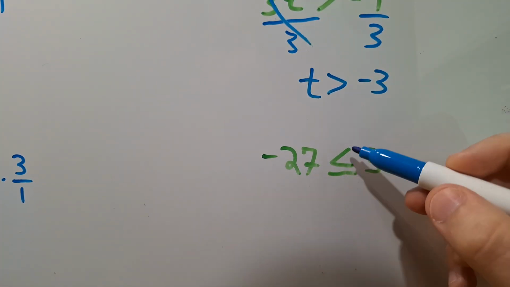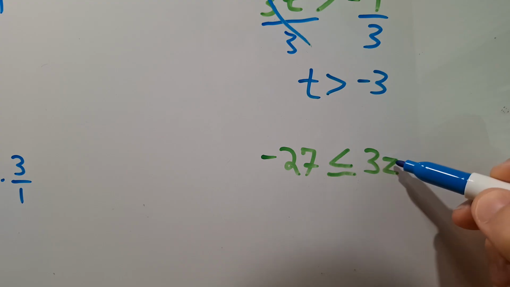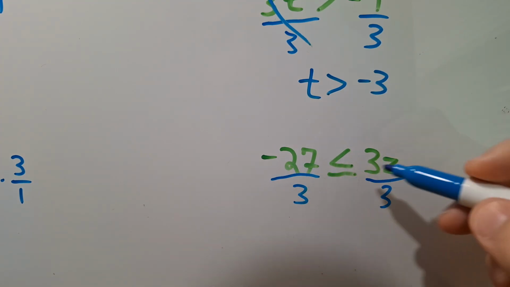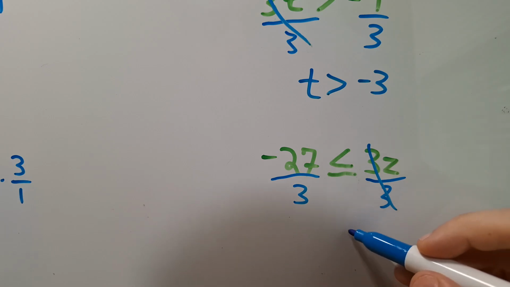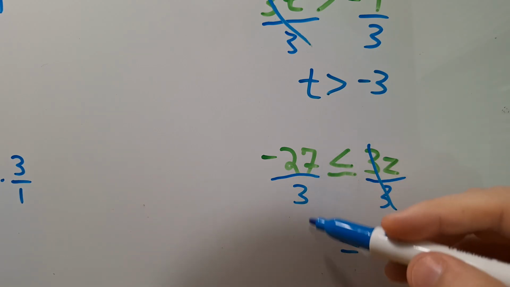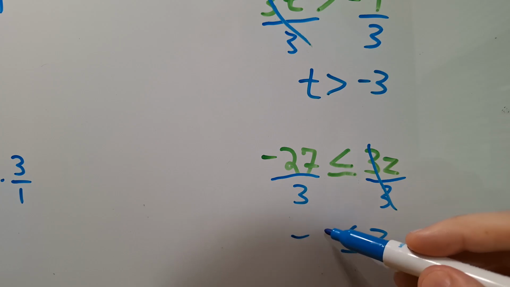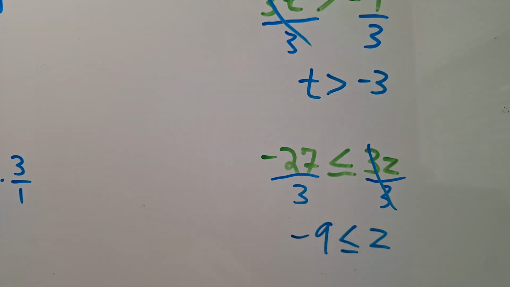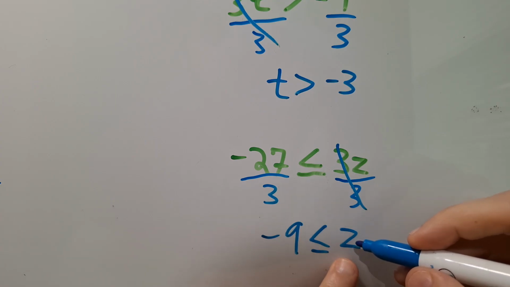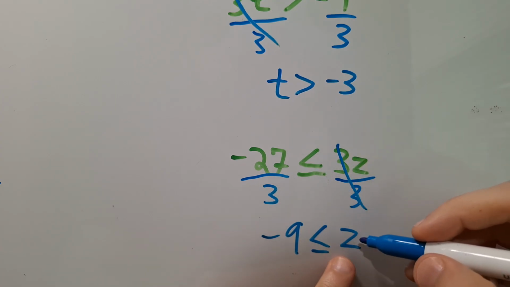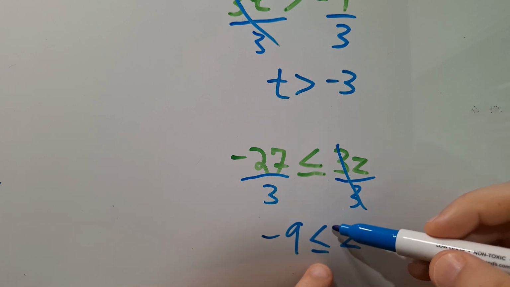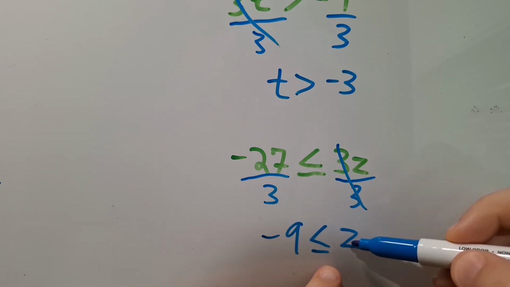Negative 27 is less than or equal to 3z. Now the catch here, which I touched on briefly at the end of the last video, is that the variable in this inequality is on the right side. This is saying negative 9 is less than or equal to z.